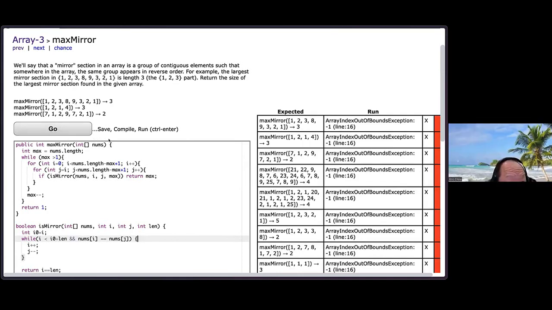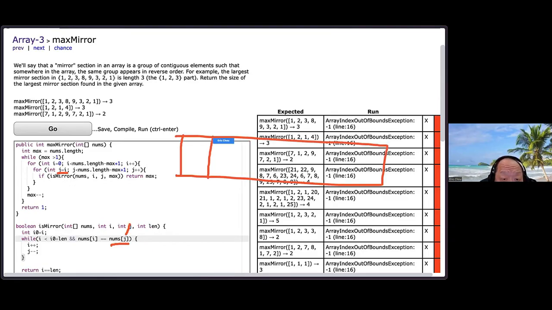And then when i increases, your j decreases. This one is the starting location, not the end. This one, your number is wrong. I'm checking this one to this one. This one, you need to calculate the last one.